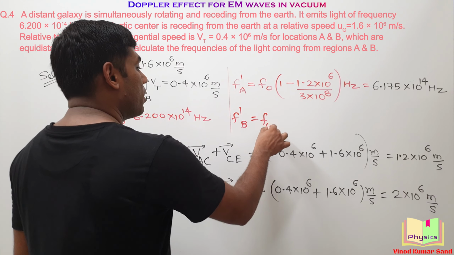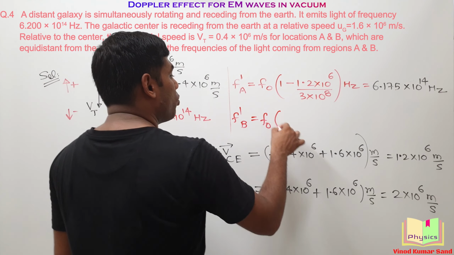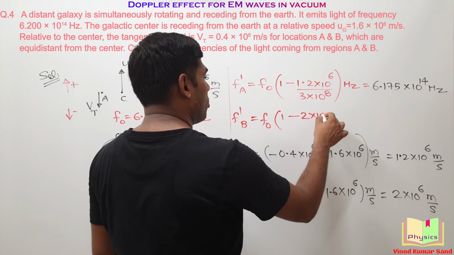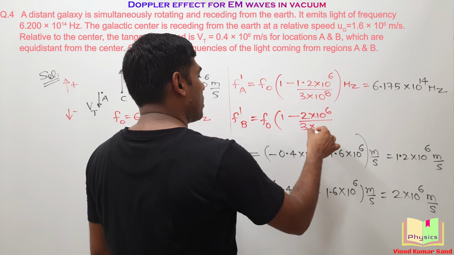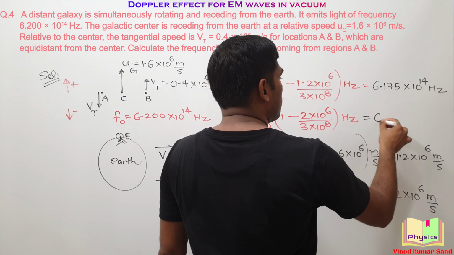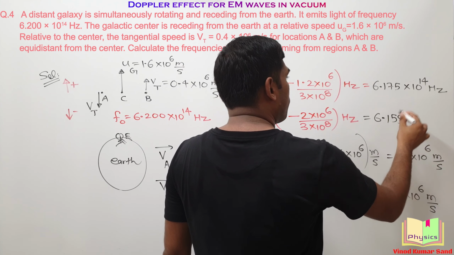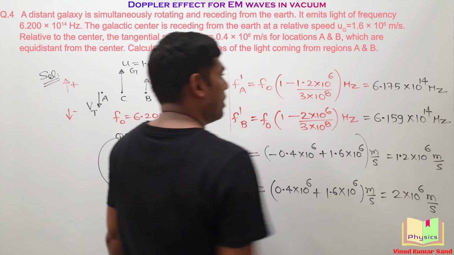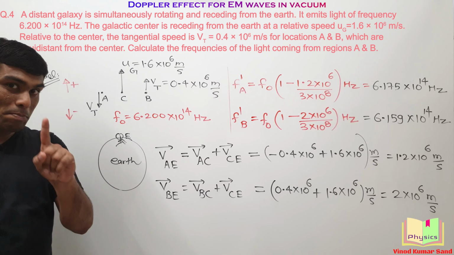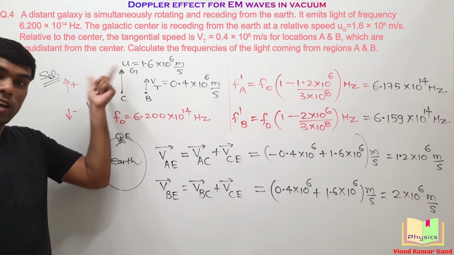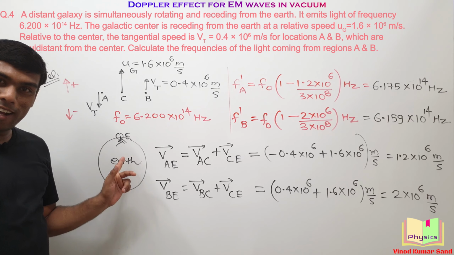It will be equal to f naught times 1 minus this data, which is 2 into 10 to power 6 divided by 3 into 10 to power 8 hertz. It comes out to be 6.159 into 10 to power 14 hertz. Keep in mind these all points are going away with respect to the Earth.